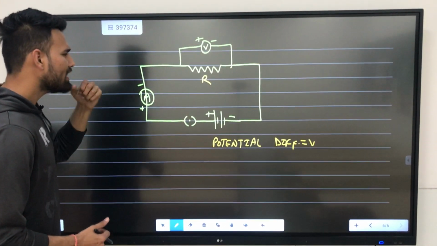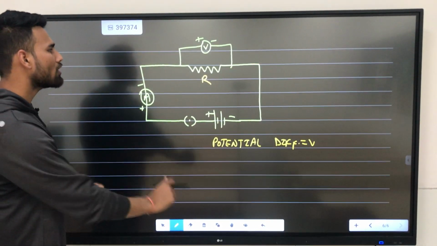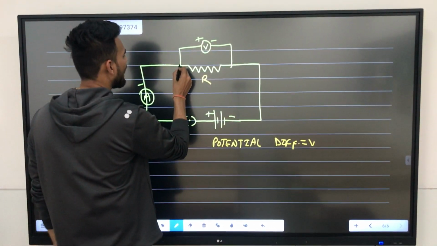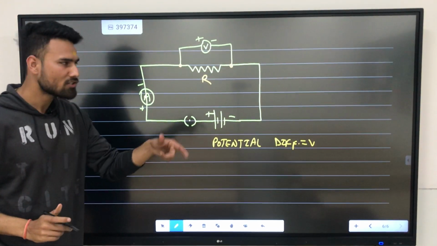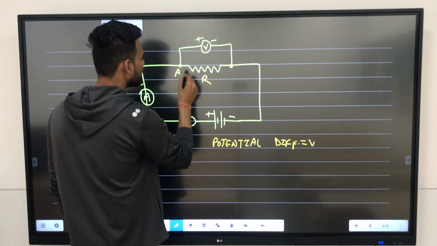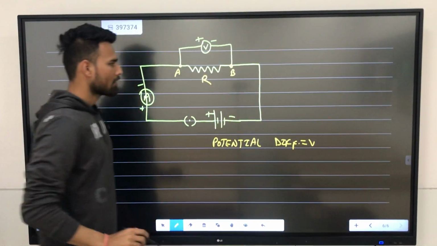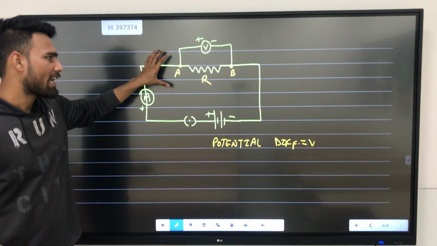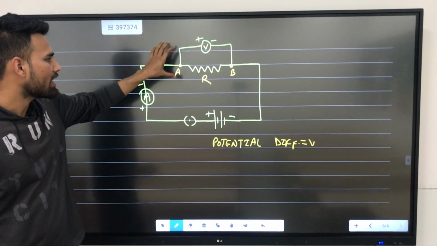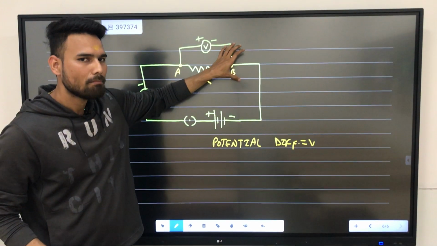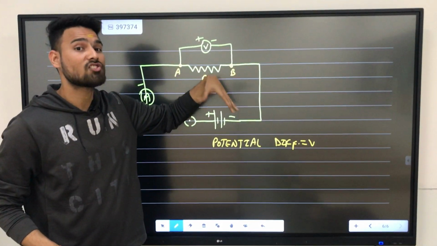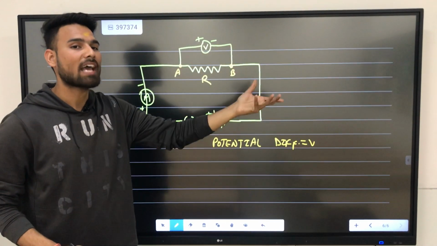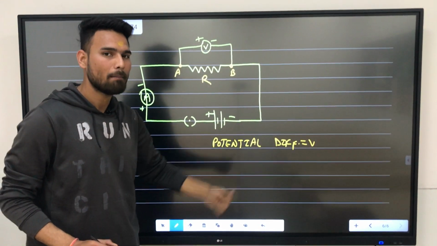Now, what is exactly a potential difference? Suppose I am talking about the potential difference across these 2 points, A and B. Some electrons have to flow from this particular point A to this particular point B. And for the flowing of these electrons or charge, some amount of work has to be done by the battery.